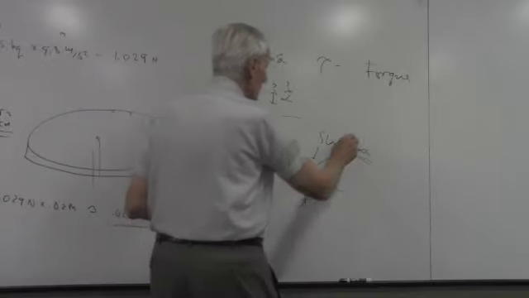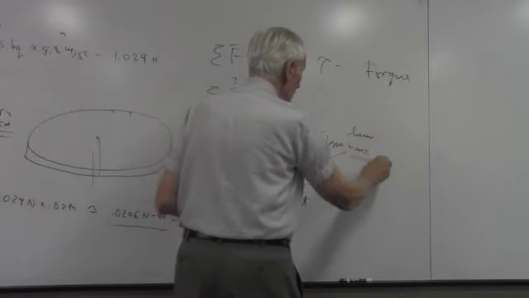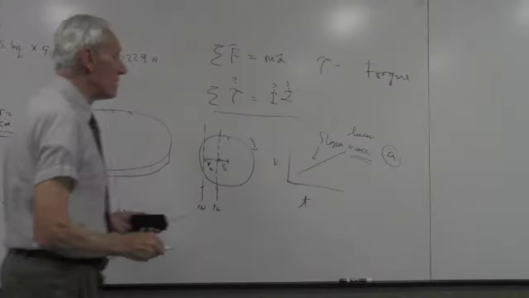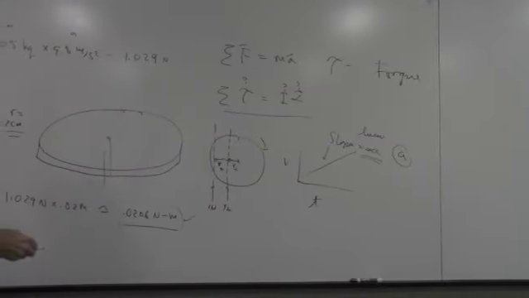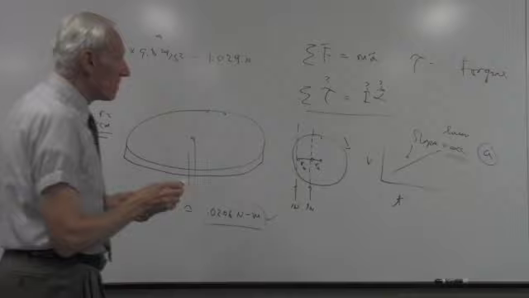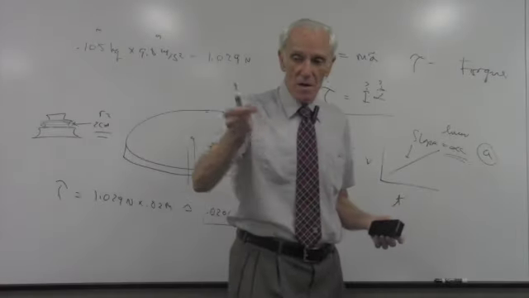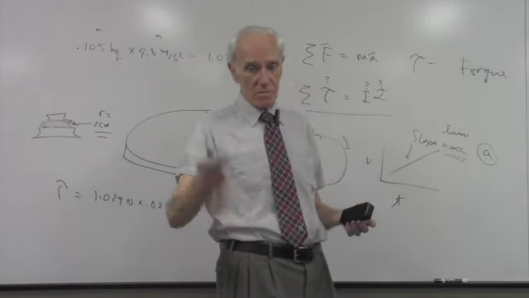By the way, that's linear acceleration, which is a, not alpha. So the graph will give you the linear acceleration of the weight that's slowly falling to the floor.